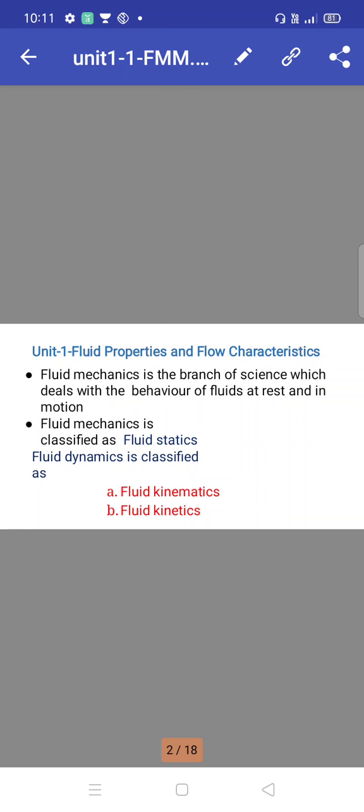That is fluid kinematics. Kinetics means we need to consider certain forces. So what will be the force acting on the fluid? Depending upon the force, how it will react. These are the things discussed in fluid kinetics. So these are the main things here.